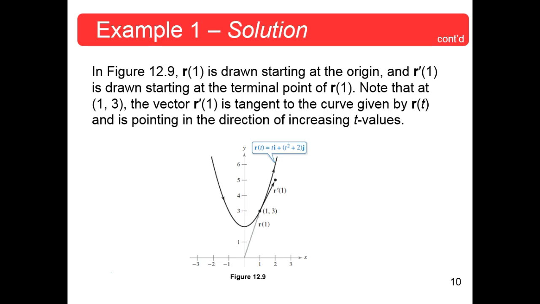Make sense? The thing is, for r prime, don't put it down at the origin, put it at the point (1, 3) that you're measuring from. Sure enough, that looks tangent to me. Got it? Understood? Okay.